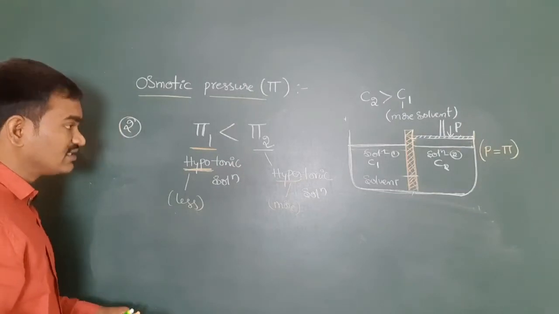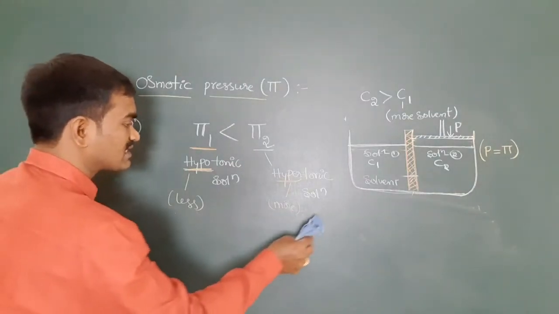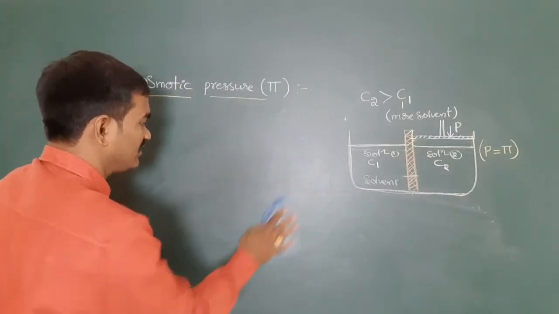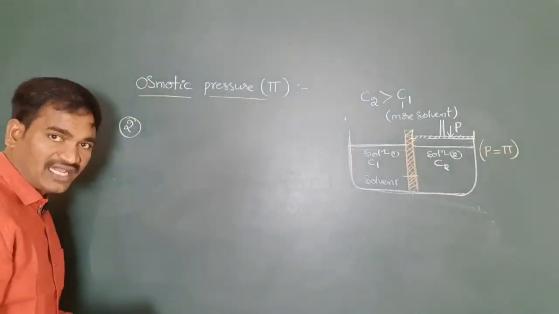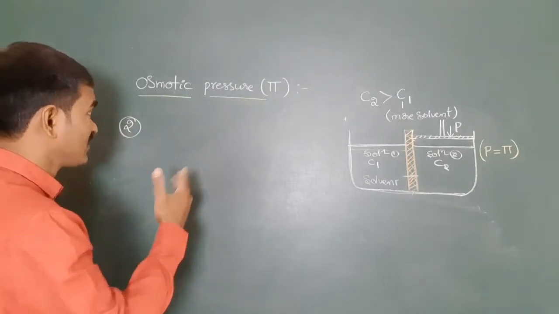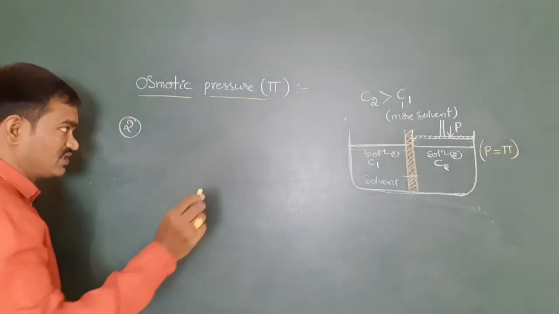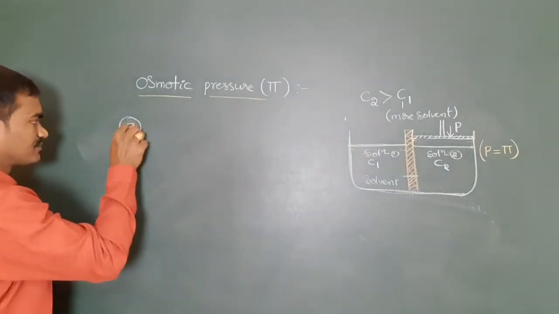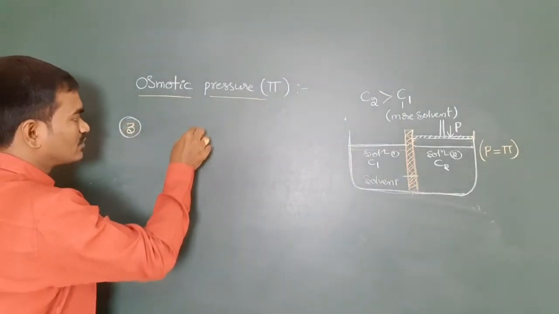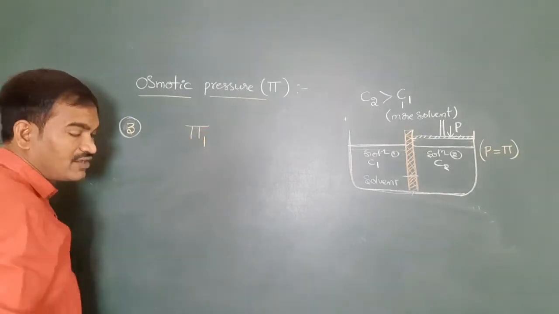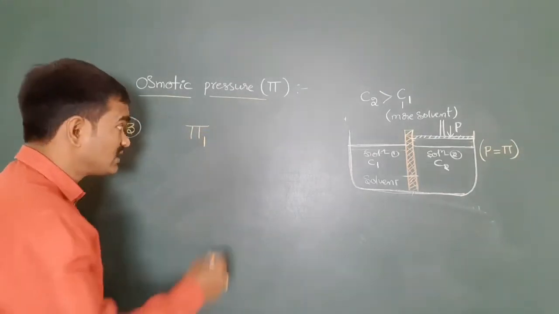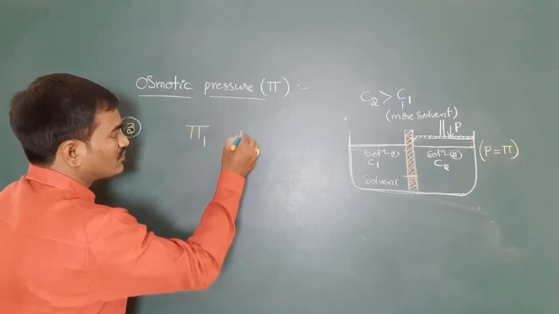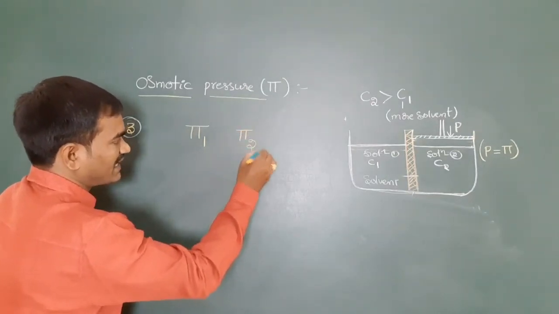After this point, next what we are going to do is, here one more formula is there which is related to solutions containing unequal osmotic pressures. Here you see, I am taking case 3. I am taking two solutions. The first solution has osmotic pressure pi 1 and the second solution has osmotic pressure pi 2.